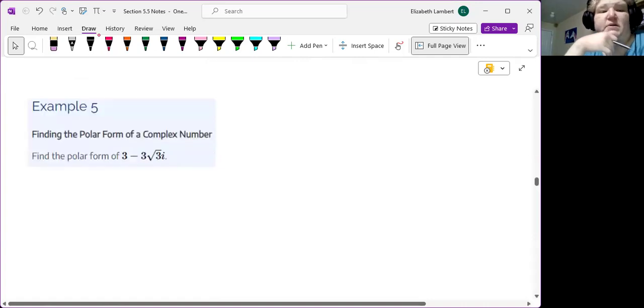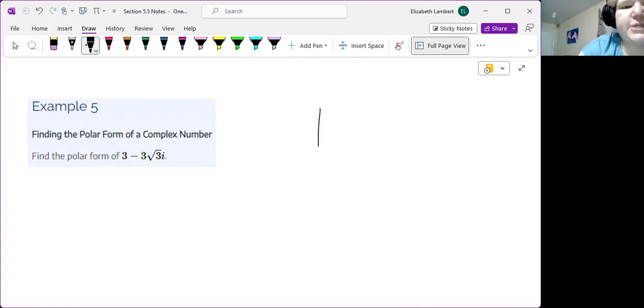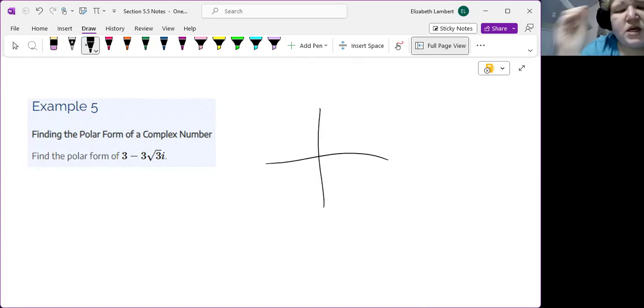All right, down here, finding the polar form of a complex number. So now we've actually got a whole bunch of stuff going on. But I do want to start by figuring out what quadrant it's in. Because remember, finding theta with polar coordinates requires more finicky stuff.